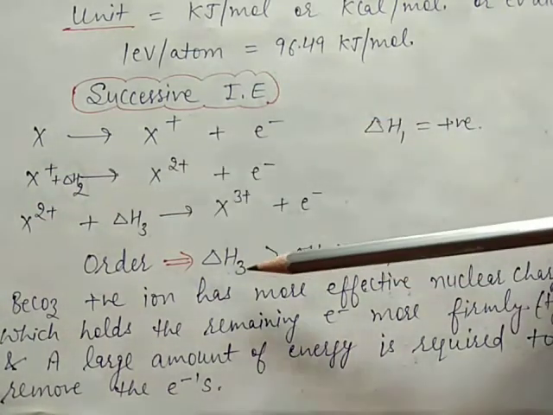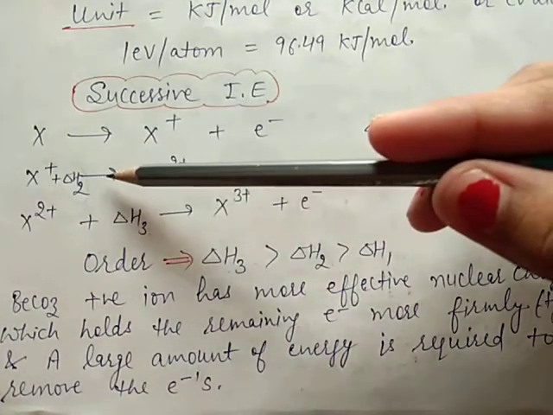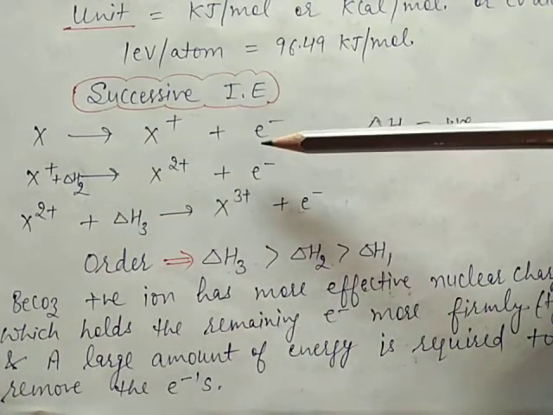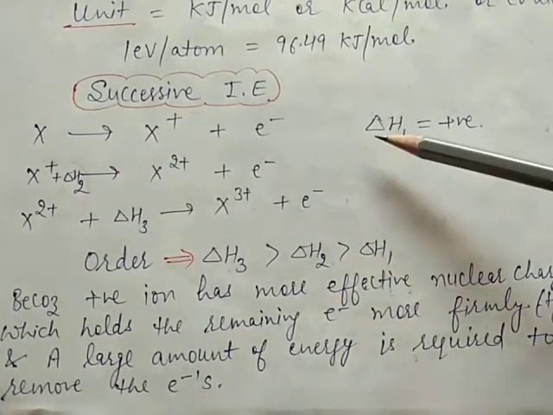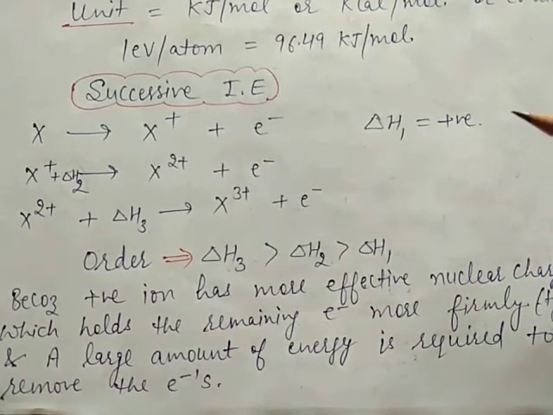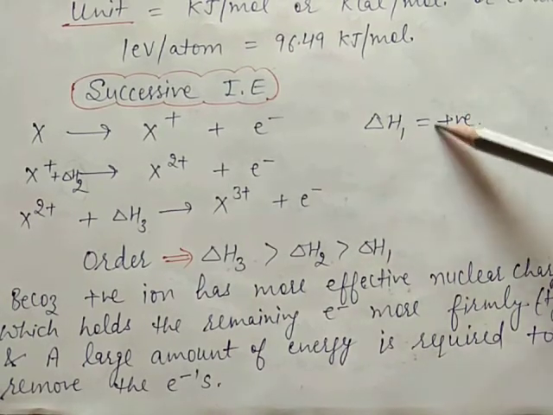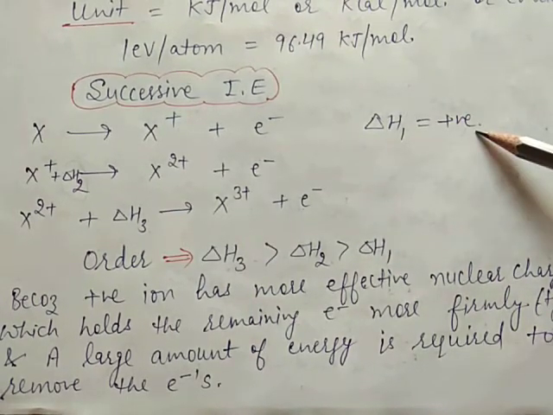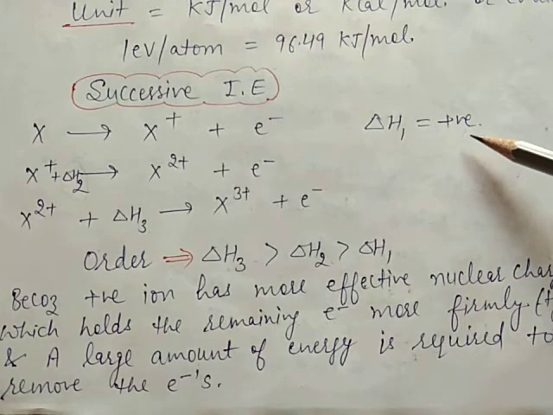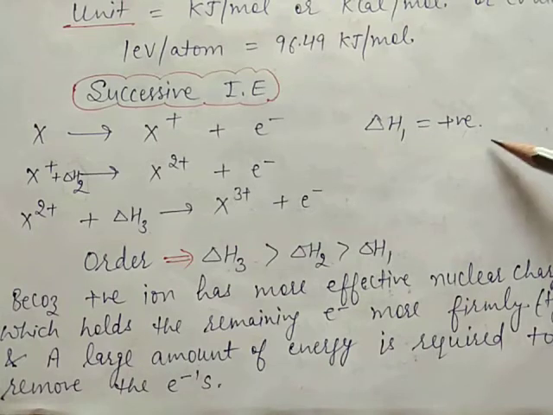So the order is third ionization enthalpy, after that second, after that first. One more interesting note is that ionization enthalpies are always positive because energy is always required to remove an electron from an atom.